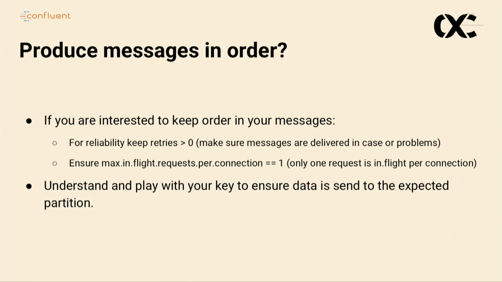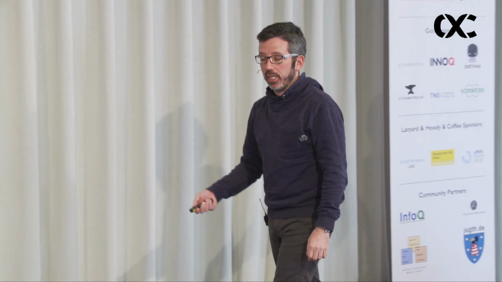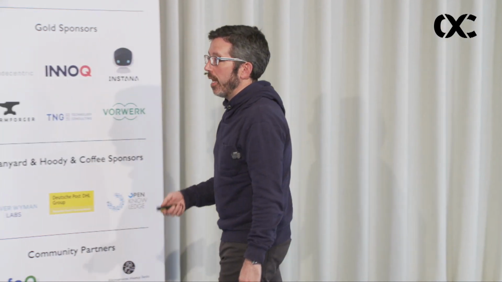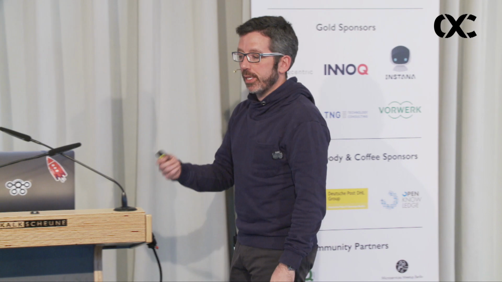If you have only one, you get less batching on the number of requests that go in flight, and this comes at a cost for you. And as well, another very important point, you should understand your keys. Okay? Remember that Kafka keeps the order per partition, so the key is a nice element in order to ensure which data goes to which partition.